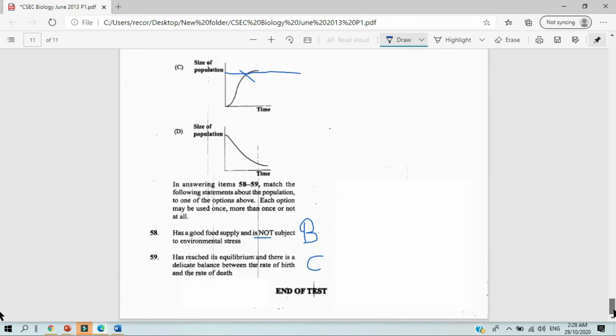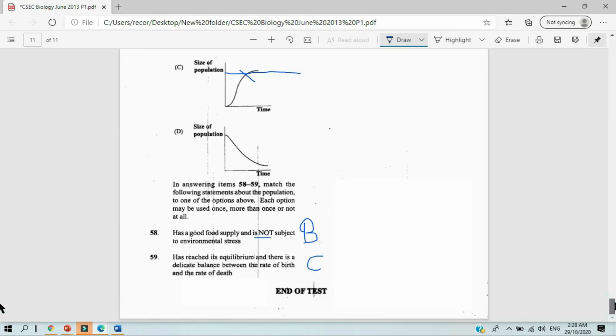Persons might have different views for this one. 59 has reached equilibrium and there is a delicate balance between the rate of birth and the rate of death.